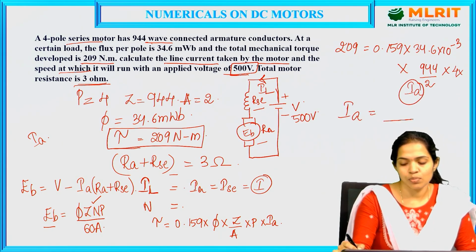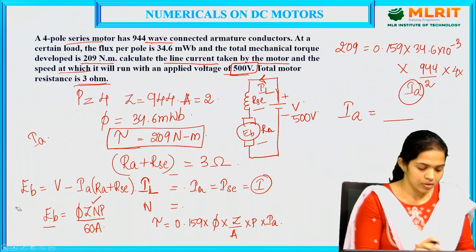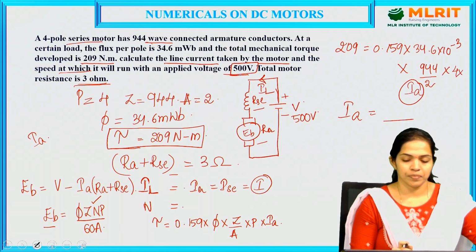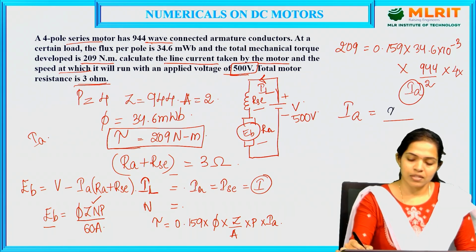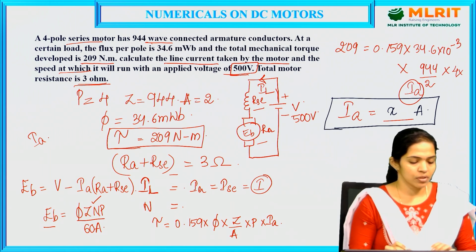Let us assume we got the value of IA as X amperes. So now our IA value is X amperes.